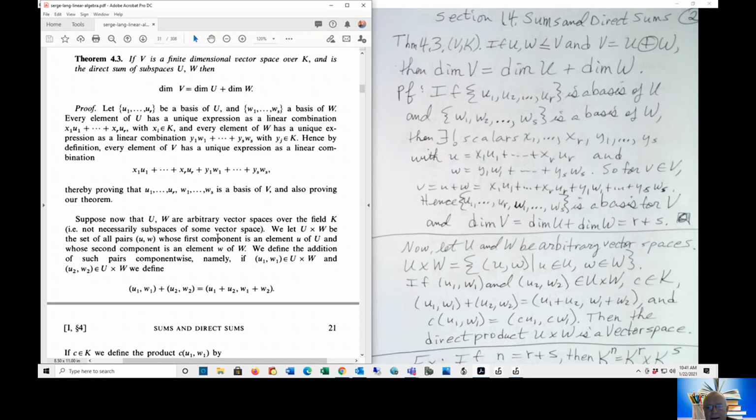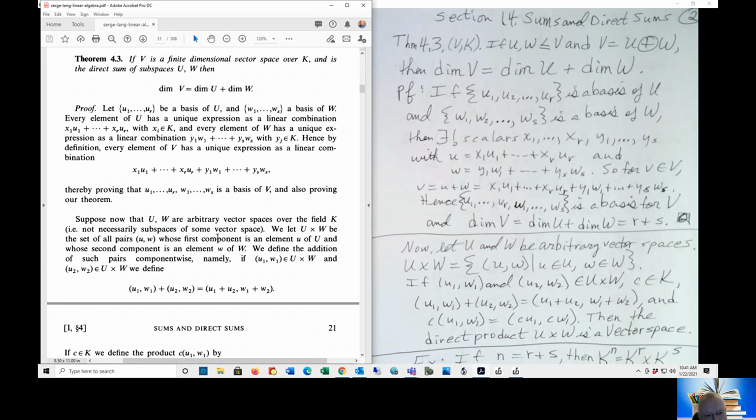Okay? Now, every element of U can be written as a unique linear combination of scalars xi with the basis vectors ui, and every vector in W can be written as a unique linear combination of scalars yj with the basis vectors wj.